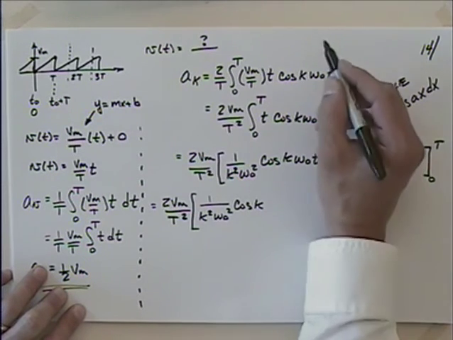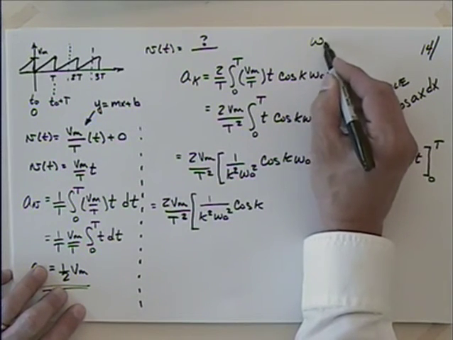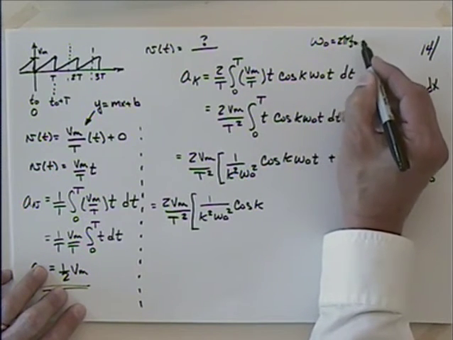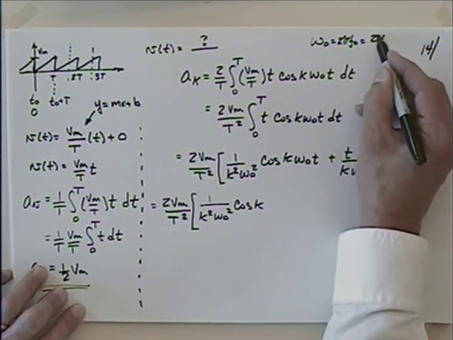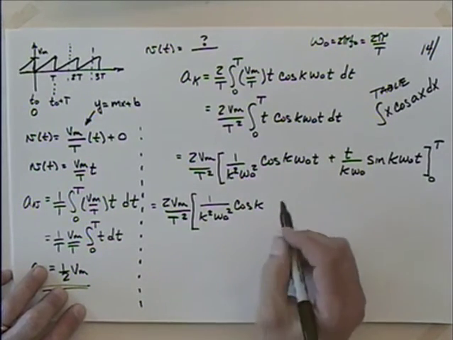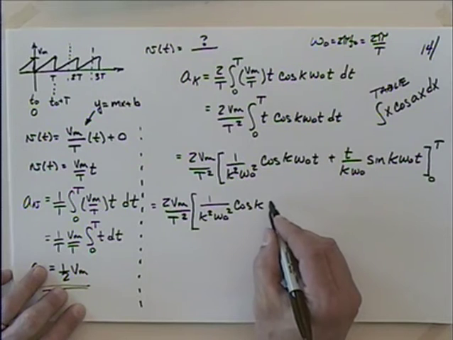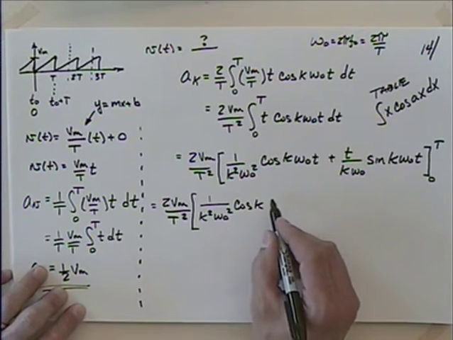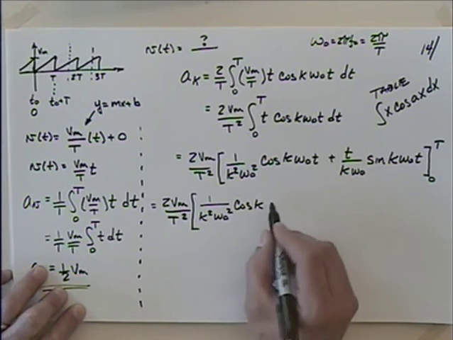What's omega naught? Omega naught would be equal to 2 pi times f naught, which we said was also 2 pi divided by T, wasn't it? Okay, so I could make the substitution there, but maybe some of these will cancel out, so let's not get hasty about that.